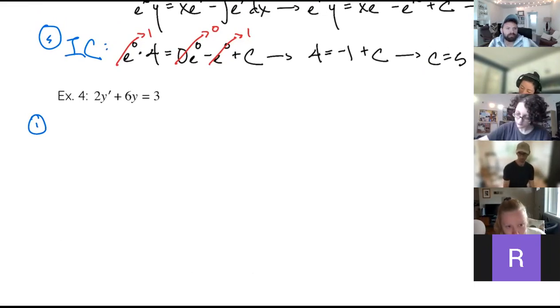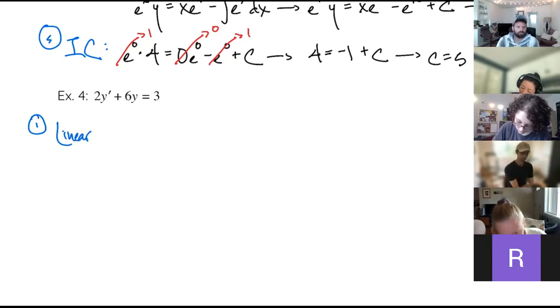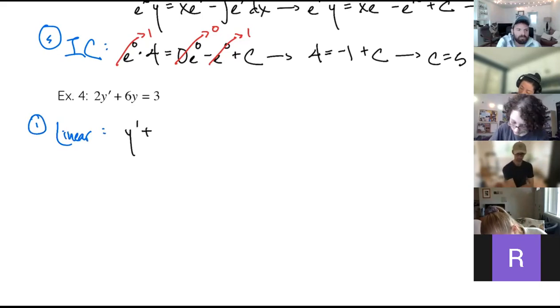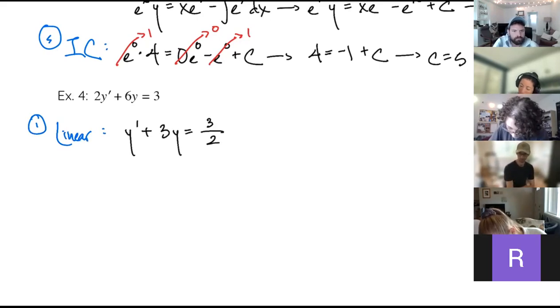We should divide everything by 2, right? Yeah, so to get it in that form that we want, we're going to go ahead and divide by 2. So y prime plus 3y equals 3 halves. Okay, so I just divided by 2 to make sure that the coefficient for my y prime is 1.